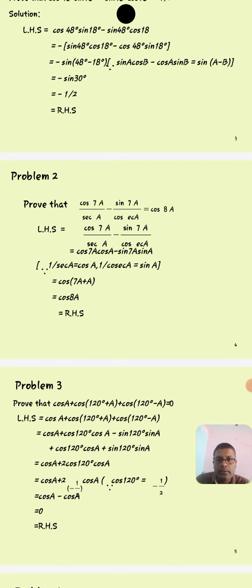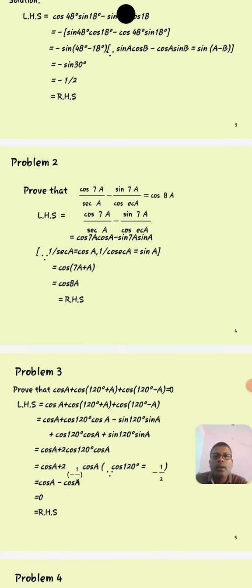We know that 1 by secant a is equal to cos a. Why? The opposite function of cos is secant a. So whenever it is 1 by secant, it is equal to cos a. In the place of 1 by secant a, we write cos a. That is equal to cos 7a into cos a, because 1 by secant a is there.